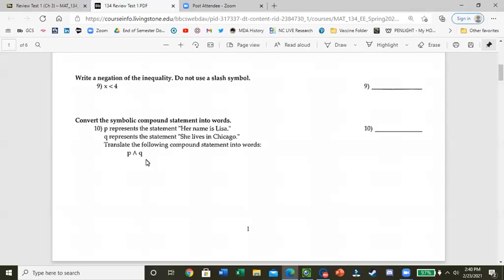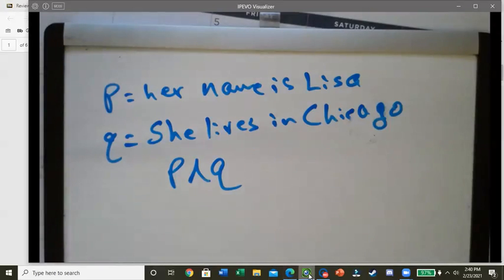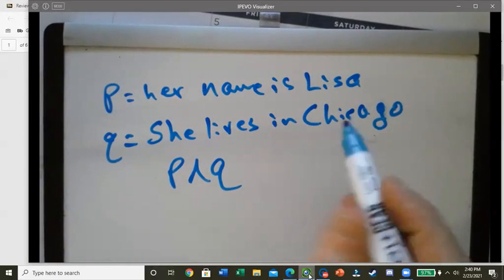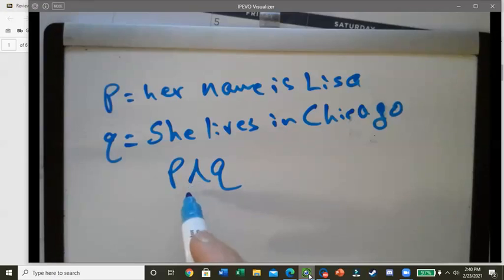And we're saying P and Q. So we want to convert this from symbolic to written form.